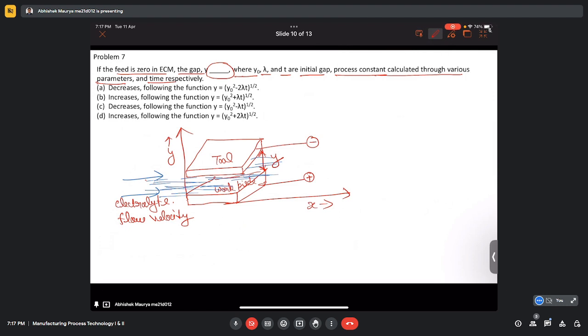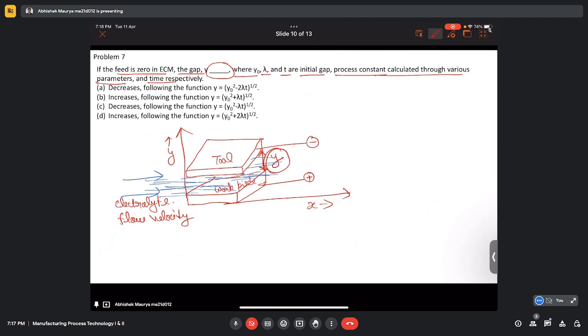If the workpiece starts getting dissolved in the electrolyte, there will be a change in the gap between the tool and the workpiece.